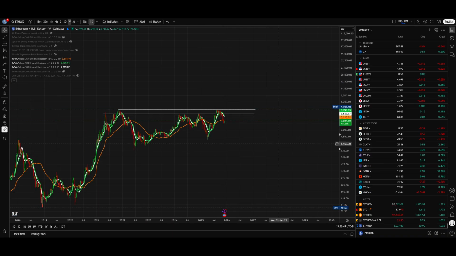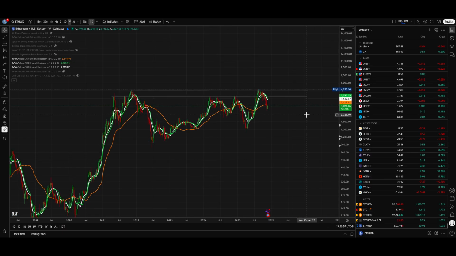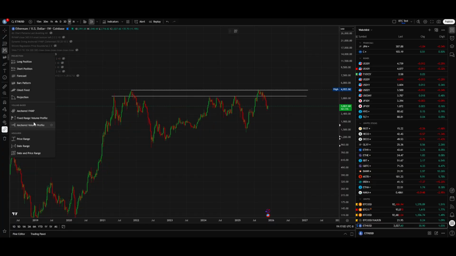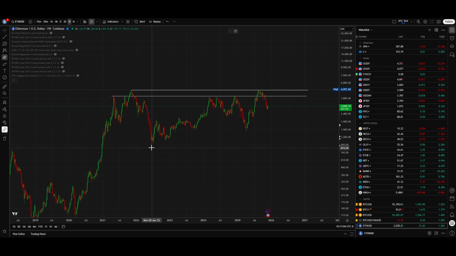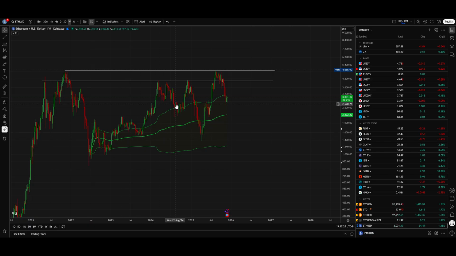When VWAPs cross the 365-day, depending if you're in a bull market or bear market, that's your signal, right? So watch that 90, watch that 30-day. Tells you a lot. Use anchored VWAPs as well. They're great, right? Here's an anchored VWAP from, I guess, the bottom. So the anchored VWAP here on ETH, from the bottom of the cycle, as long as you're above, that's great.